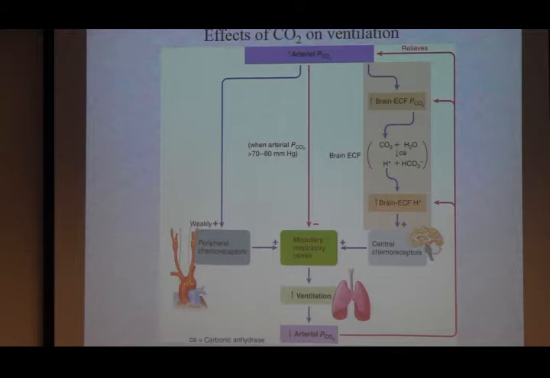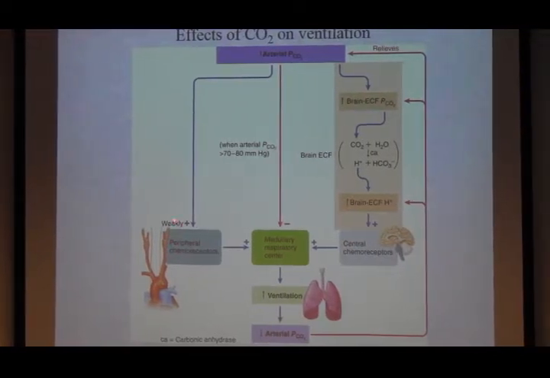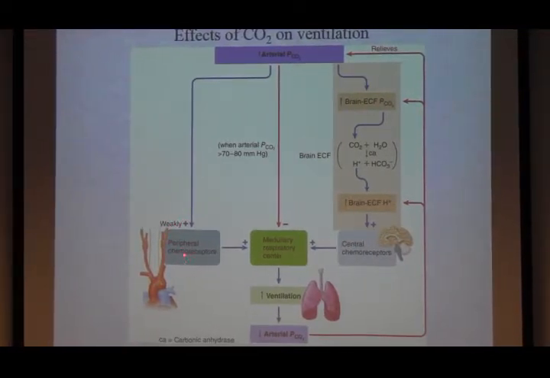The other thing to note is that the elevation in the CO2 of arterial blood, so the elevated arterial PCO2, also stimulates, although weakly, the peripheral chemoreceptors, which then stimulate the DRG and complement the action of the central chemoreceptors.